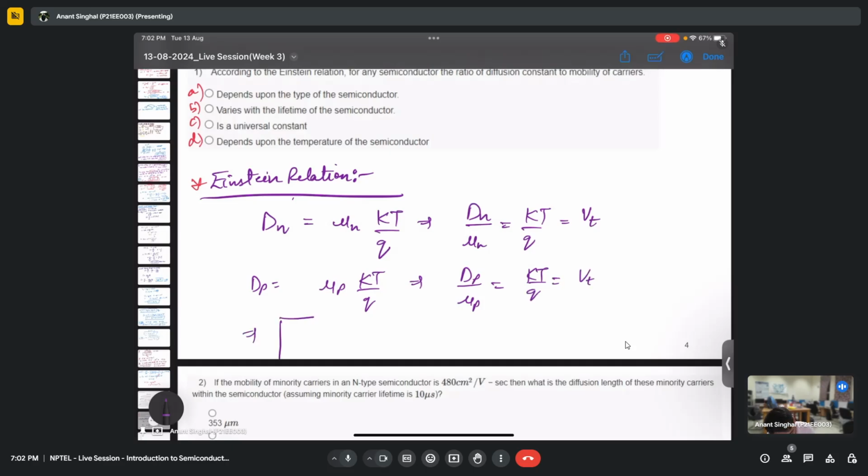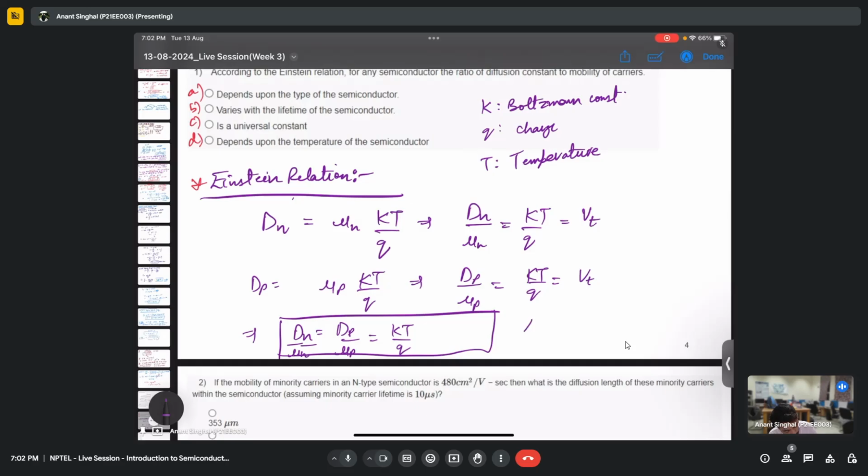So we can write the Einstein relation as Dn by mu n equals Dp by mu p equals kT by q, where k is the Boltzmann constant, q is the electronic charge, and T is the temperature.